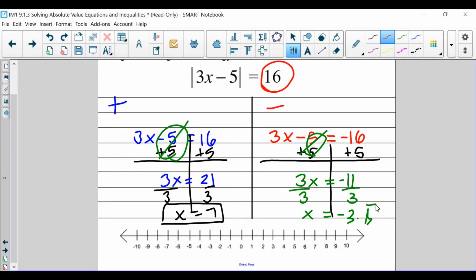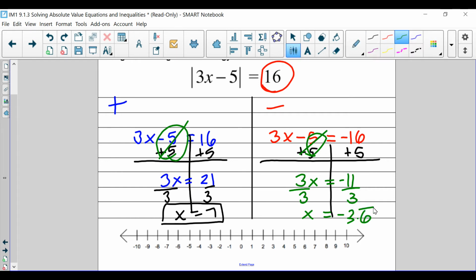Okay, so now what we're going to do is graph that. What does that look like? Where is the location that x could be located in? I'm just going to rewrite that. It's going to be located in two locations, either 7 or negative 3.6.